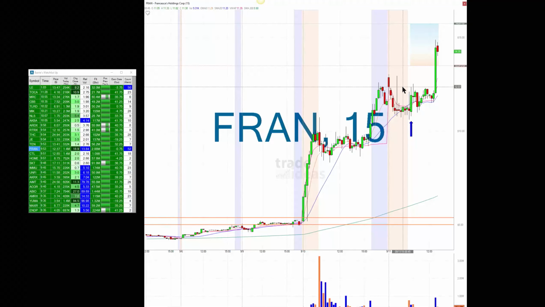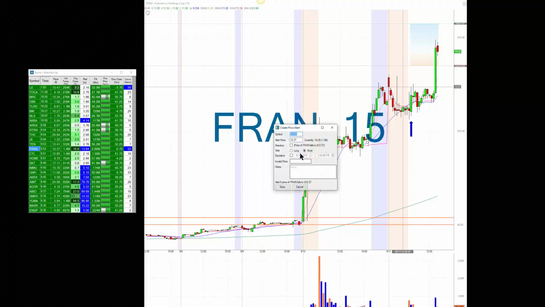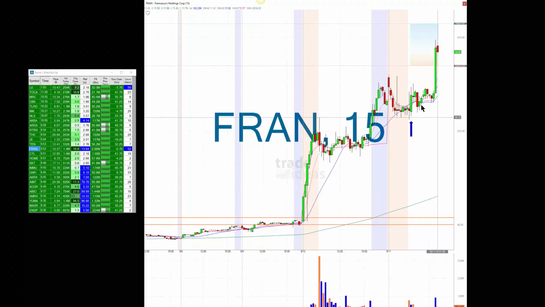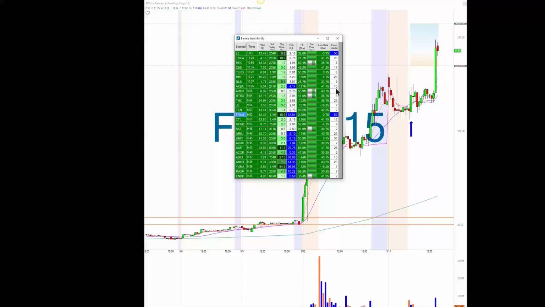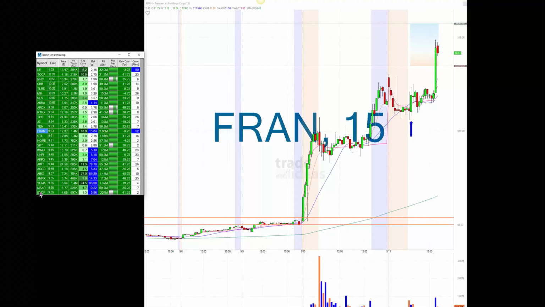I'm not going to do it now, because it'll look like it wants to short it. You just create the price alert, and when it hit it, now, did I know that this was going to happen? Of course not. But my goodness, look at the move off that 12.37. I mean, just look at it. And this is a 15-minute candle. If I showed you on a 5, it's almost as dramatic. So all I'm saying is that this is a nice watch list all day long. But look at some of the early ones, ENDP.